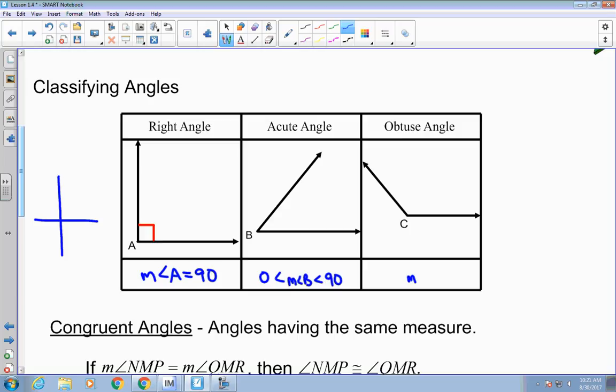It has a range of values also, and it is greater than 90 and less than 180. So it's bigger than a right angle and smaller than a straight line. So it's between 90 and 180. I think you guys know this is like probably 4th grade, 5th grade.